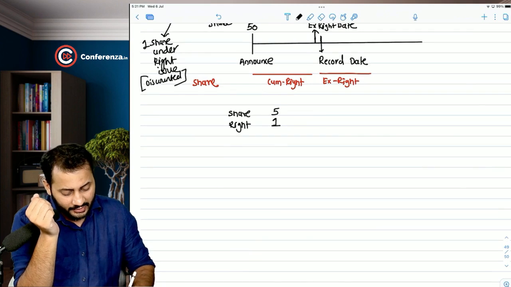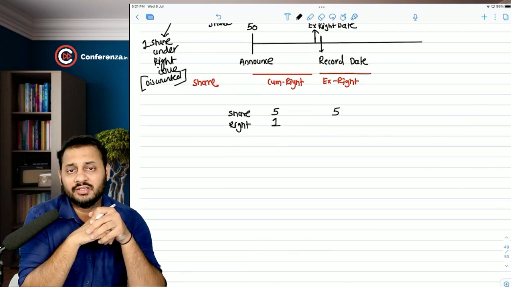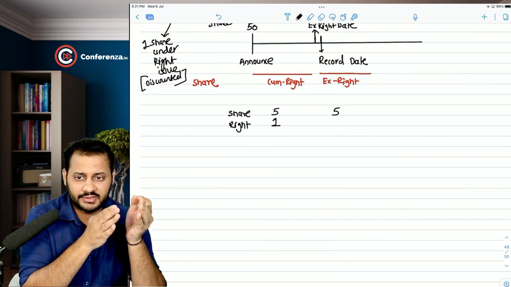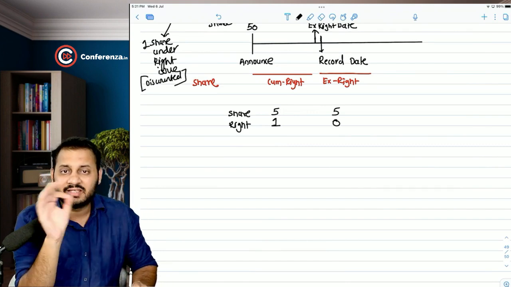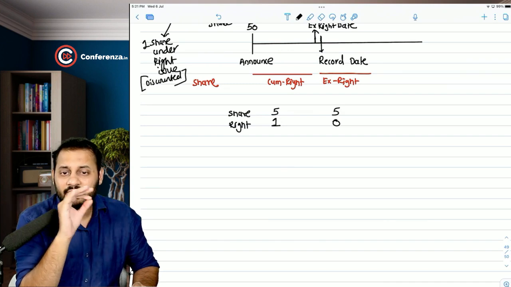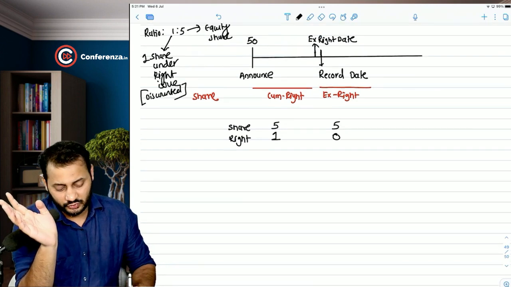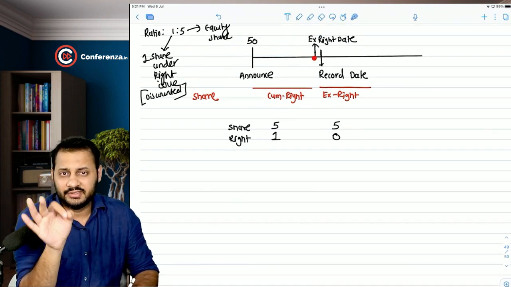But if you buy 5 shares after the ex-right date, you will be entitled to nothing. That means you don't get the right to buy the share at a discounted price. So the rights are given only till these dates.